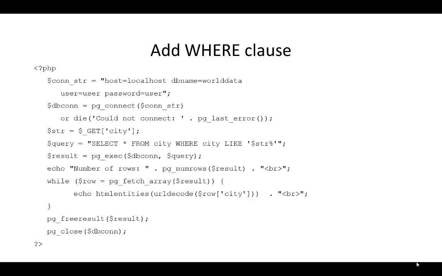In the string, notice I can put in my variable that contains the city string, embedded within the like clause. So here's the string for the select clause. Within that, I've got the variable which is the value of the argument city passed in the URL.